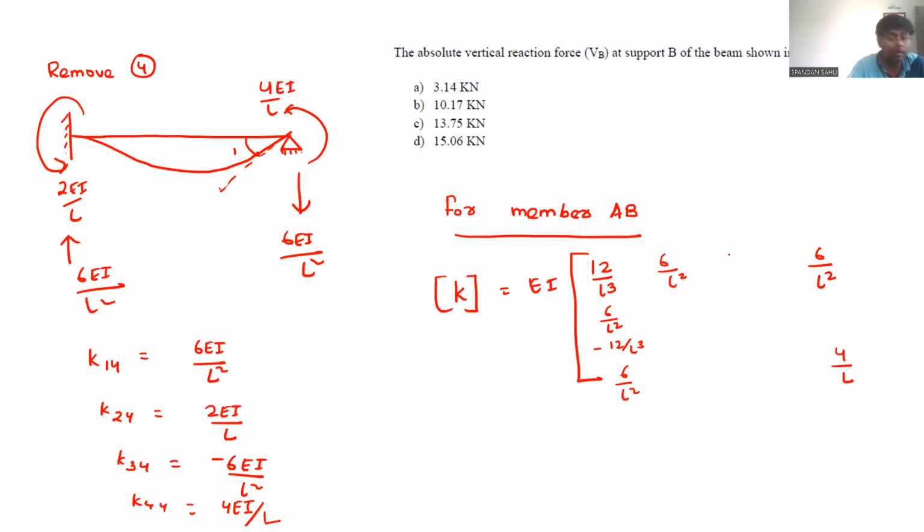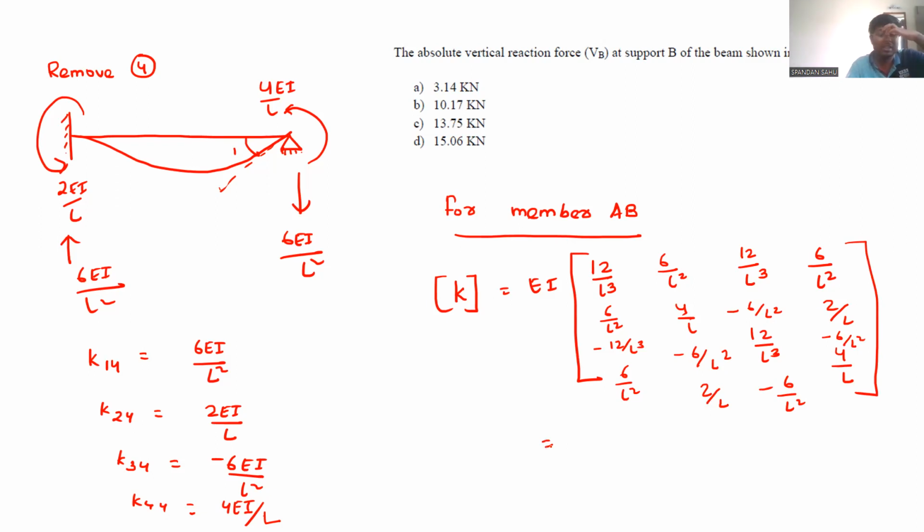So 6 by L square, 12 by L cube, 4 by L, 12 by L cube. Minus 6 by L square, 2 by L, minus 6 by L square, 2 by L, minus 6 by L square. Here, how much will come? K34 minus 6 by L square.